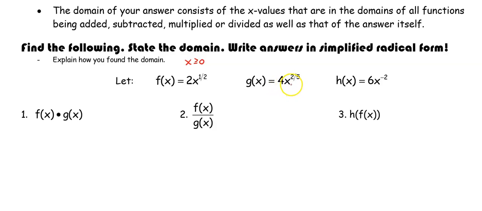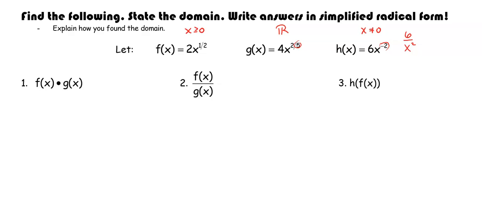When I look at the next one, this is not an even root. This is an odd root. So this one is all real numbers. This one may trick you, but we have a negative exponent. This really means 6 over x squared. So x cannot be equal to 0. Because if x was a 0, we'd have a 0 on the bottom of our fraction.